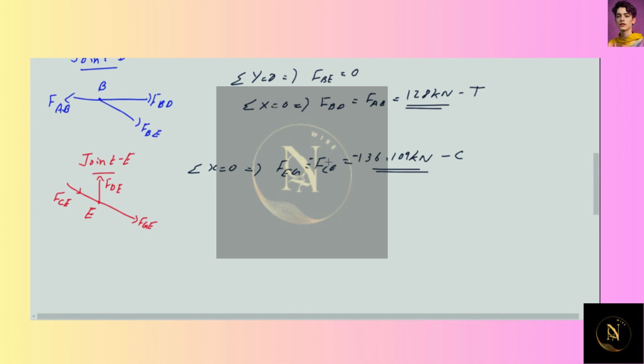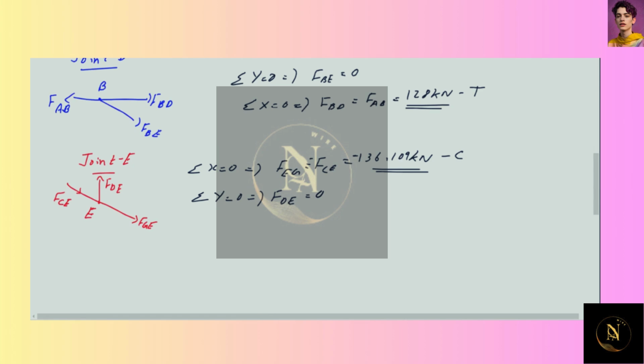The minus of C is minus this term. So the actual direction is inward. That creates compression denoted by the letter C. Summation along y equal to 0 gives you FDE equal to 0. Now let's move to the next joint, that is joint D.